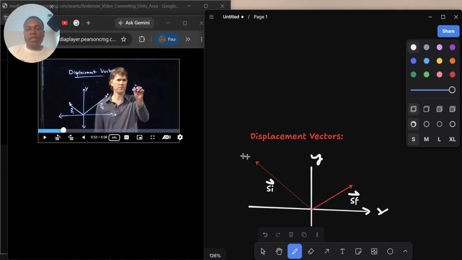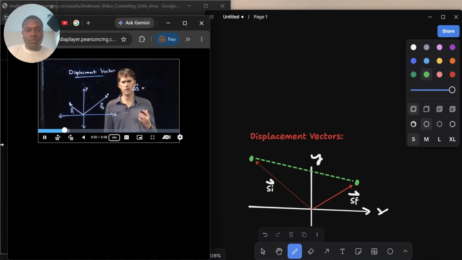All right, so this is the initial starting point, the vector, and this is the final position. And then we gotta do a little thingamajigger. And this is our vector.